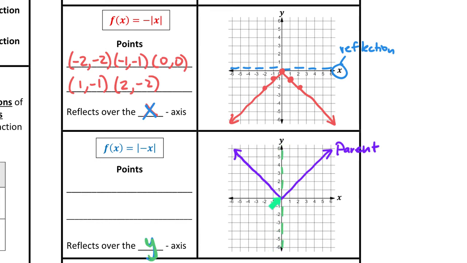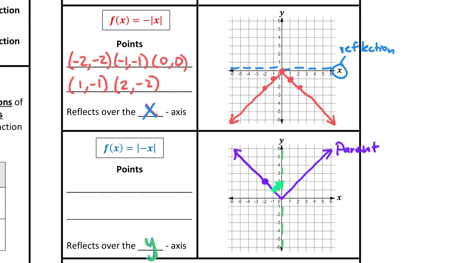But if I reflect this parent function over the y-axis, does it really create a reflection? Or is it already reflected? Are the points going to move? For example, if I take this point here and reflect it over the y-axis, it's 2 steps away from the y-axis.